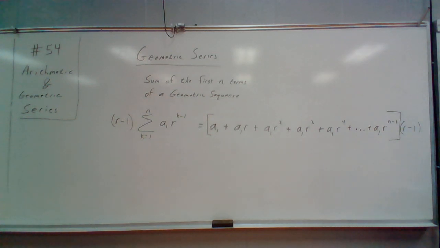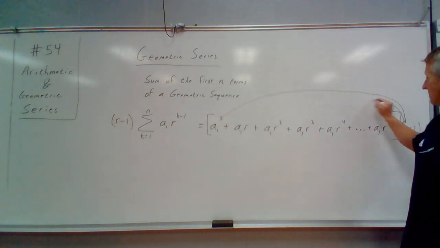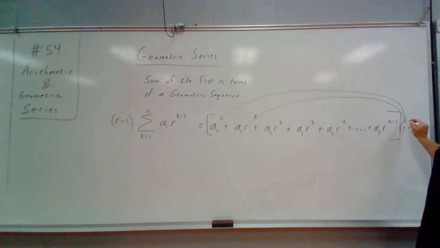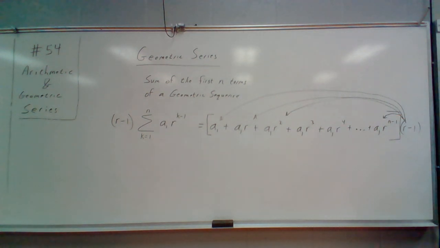It should be fun. All right, so if I multiply this whole side by r minus 1, I have to distribute. So I have to take the r and multiply the r by every single term in here, all the way to the end. All right, so really slowly and carefully, let's see if we can figure out what that is.